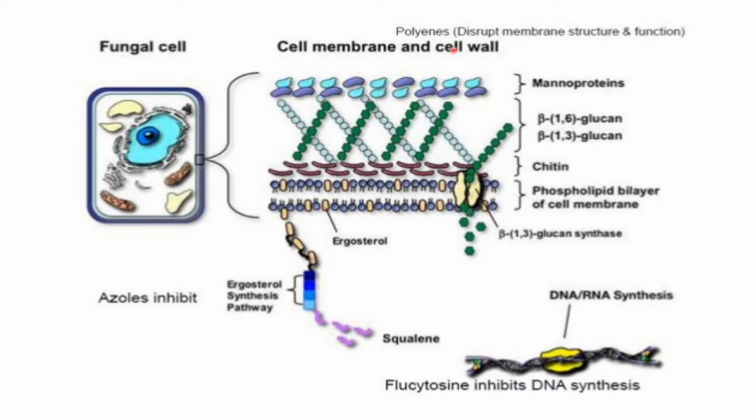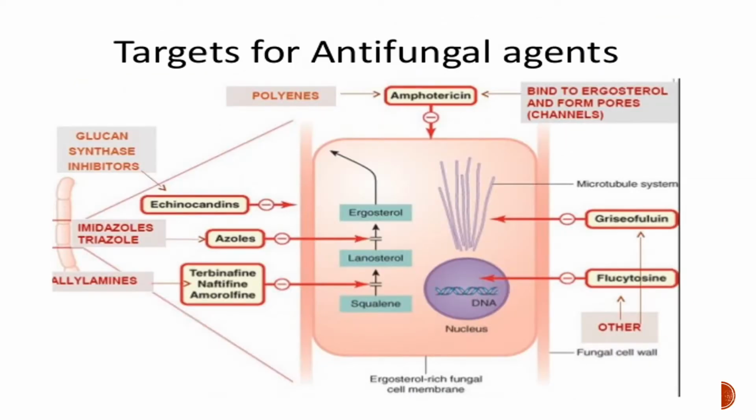And we have here polyenes that disrupt membrane structure and function. Moving forward, this illustration shows specifically the targets for antifungal agents. We have here polyenes. An example is Amphotericin B.